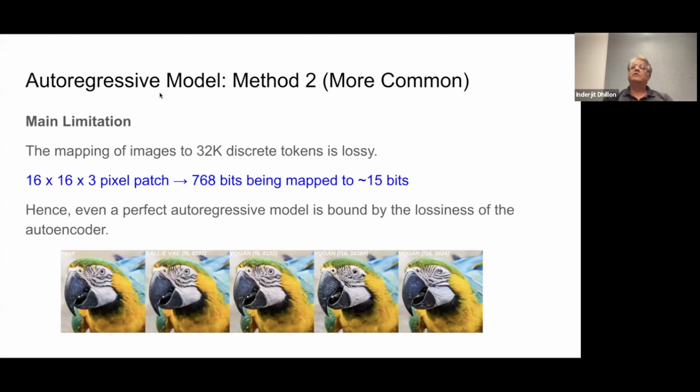So, a question, Chitwan. I'm just thinking out loud right now. You're talking about generating the image in an autoregressive manner, from left to right and so on. But what if I use successive coarser and coarser approximations of the image?